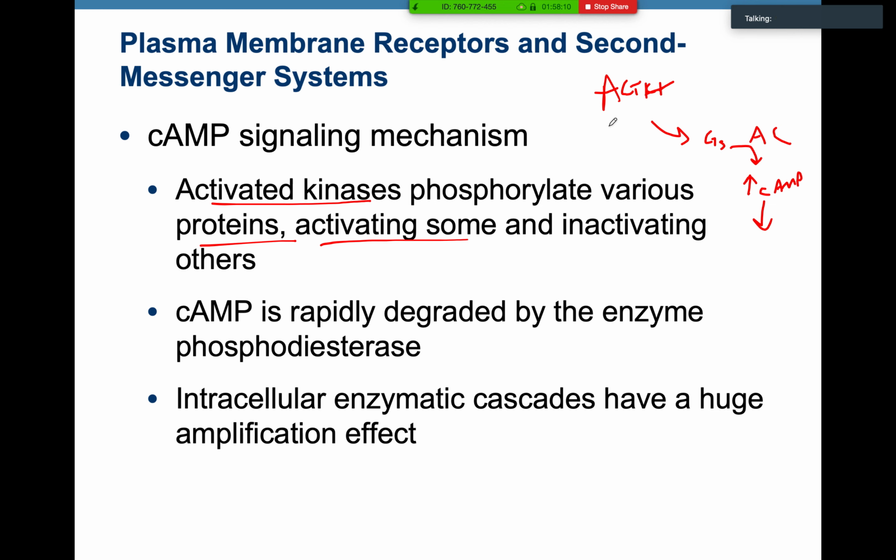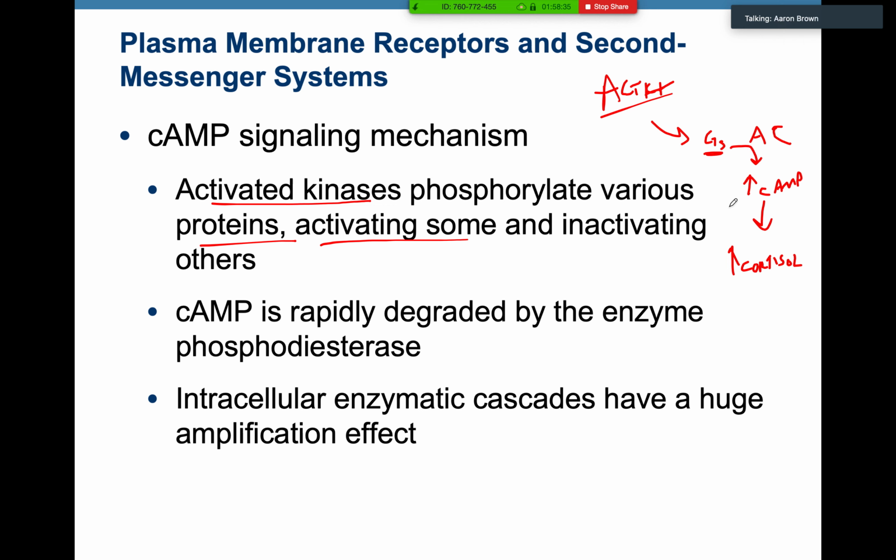So ACTH, released by the anterior pituitary, is going to bind to a G sub S receptor in the adrenal gland. That G sub S is going to go to adenylate cyclase. It's going to increase levels of cAMP. Ultimately, we're going to get increased levels of cortisol. Increased levels of cortisol because ACTH activated a certain G sub S receptor.